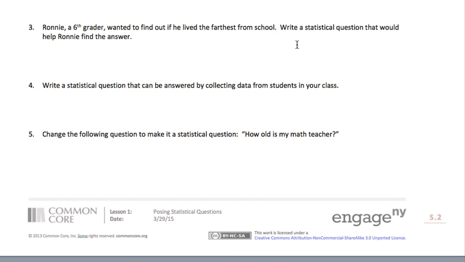So we might have a question something like, what is the typical distance from home to school for students at my school?